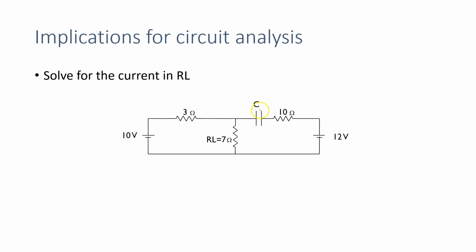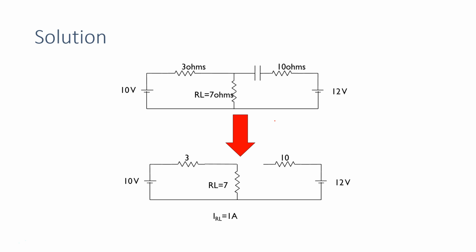What it means is that we could simply replace the capacitor with an open circuit. So if I had to solve, say, for the current through RL, and I had this circuit to begin with, I would simply replace this with an open circuit, get to this point, and then I could simply say 10 volts divided by 10 ohms is 1 amp.